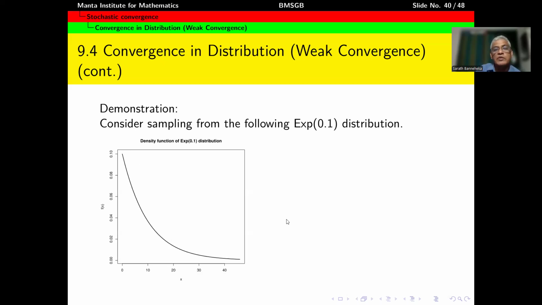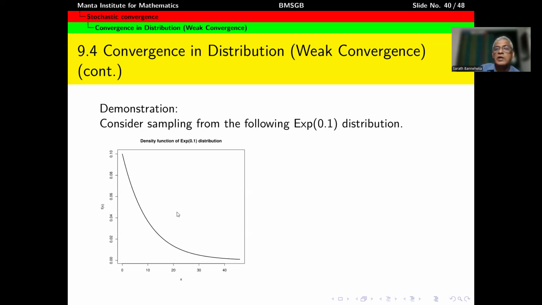The density function of this distribution is very skewed like this. So I'm going to consider a skewed distribution as my parent distribution. X1, X2, X3, my observations, will come from this distribution. The mean of this distribution is 1 over 0.1, that is equal to 10. The standard deviation of this distribution is also the same number, right?